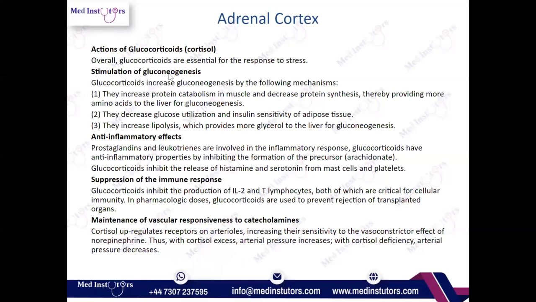We need glucose during stress. Anti-inflammatory effects are evident from the fact that we use corticosteroids for many inflammatory conditions. We also use corticosteroids in autoimmune conditions when we want to suppress the immune system. So it has a normal function of suppressing the immune response.